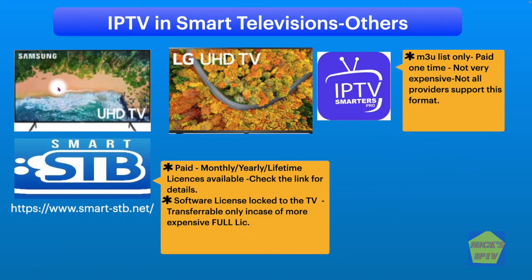When it comes to Samsung and LG smart TVs, they have their own operating system, and among the choices available, I would say Smart STB is a better choice. It's an app, a paid app. Of course, a 7 day free trial is available if you want to try, but this is a paid app. You have monthly subscription, annual subscription, or lifetime subscriptions available for this.